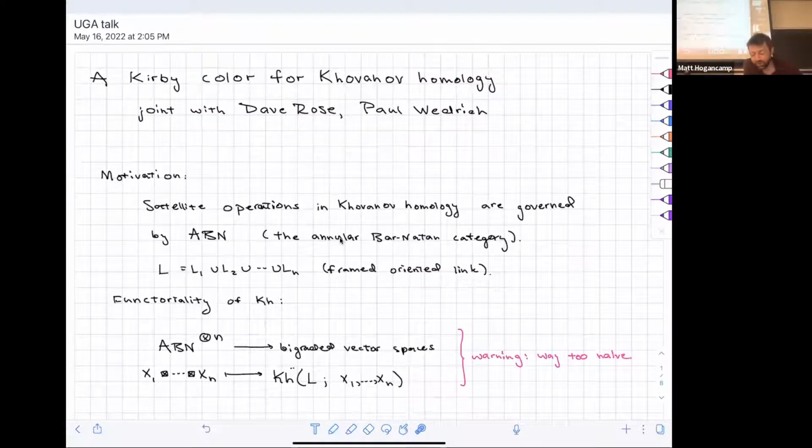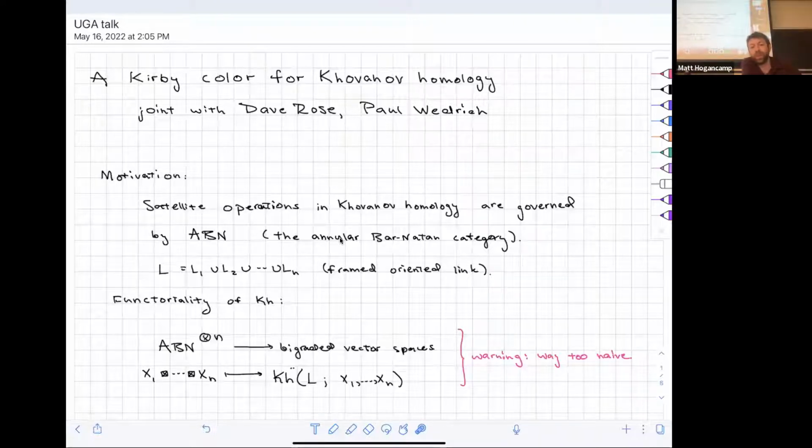I'll describe it in detail later. It describes the natural relationships between the Khovanov homologies of cables of a fixed framed knot. The annular Bar-Natan category, in essence, describes the natural relationships between those Khovanov homologies.